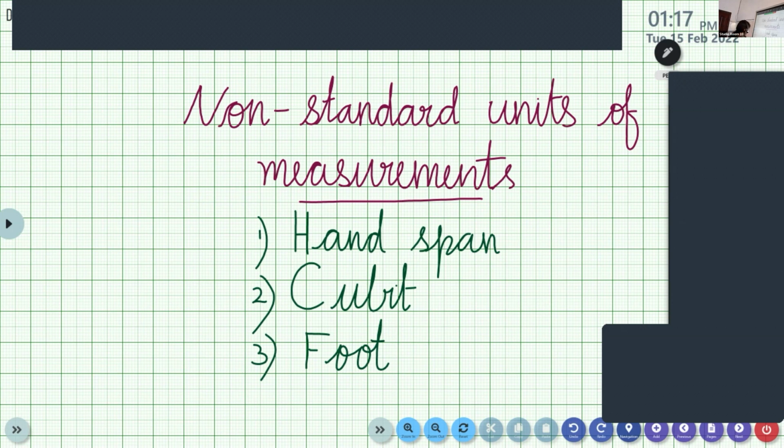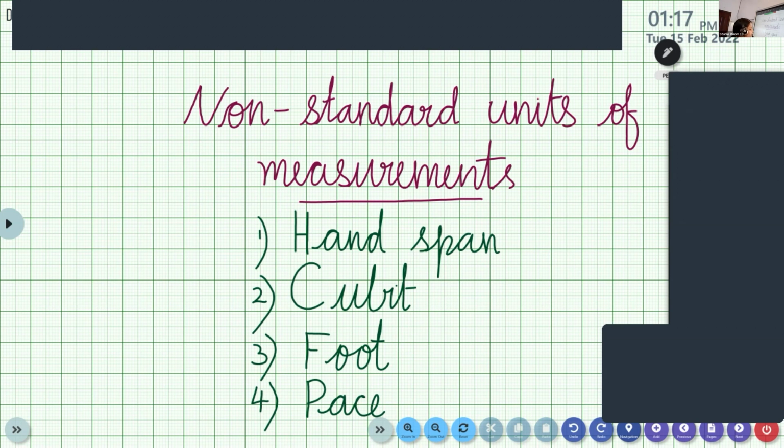One more is here. The name we will write today. And that is pace. P-A-C-E. Pace. Pace means single step taken when walking.